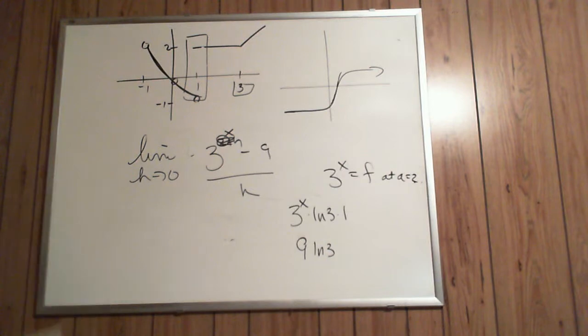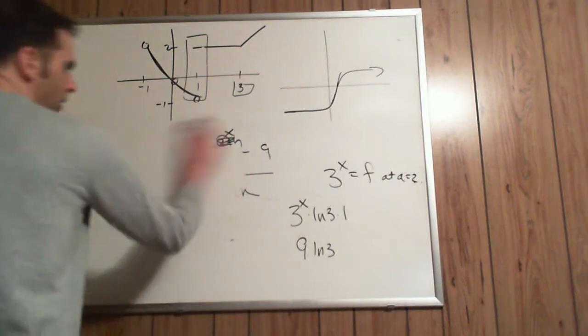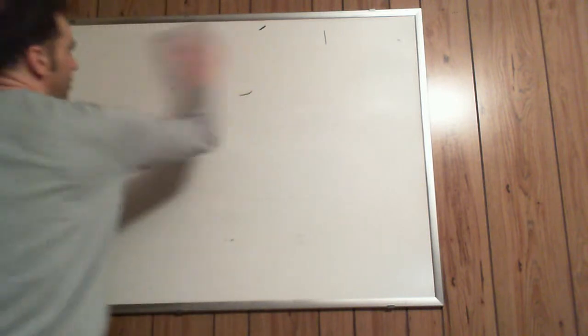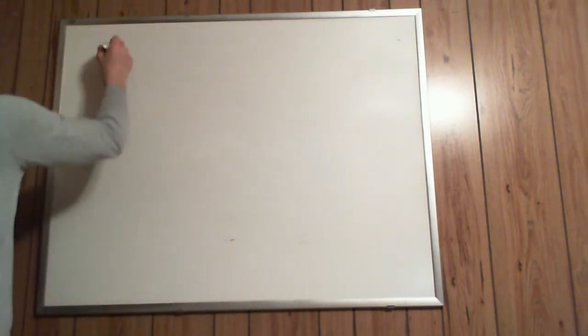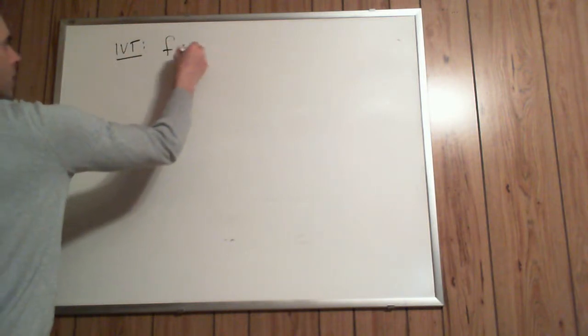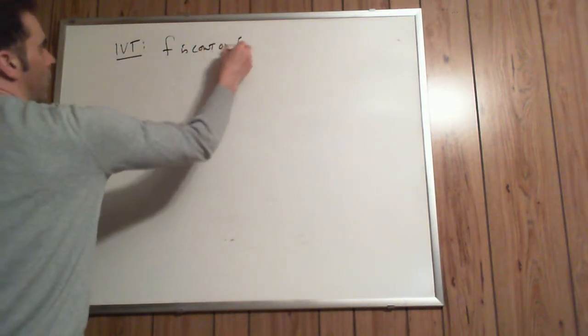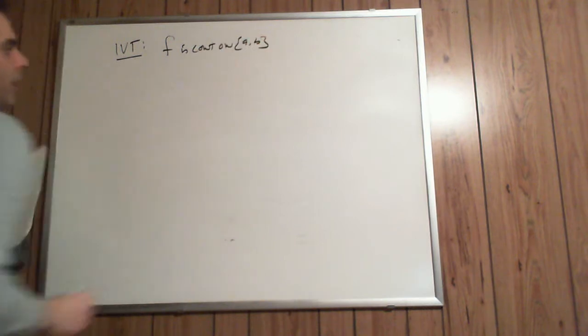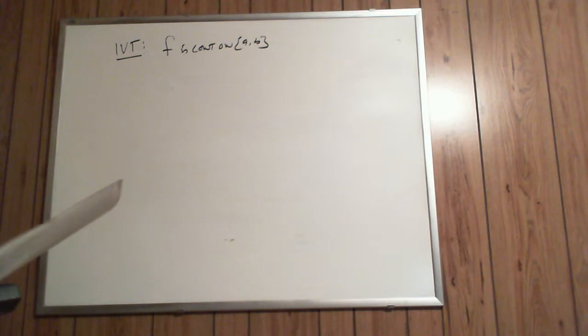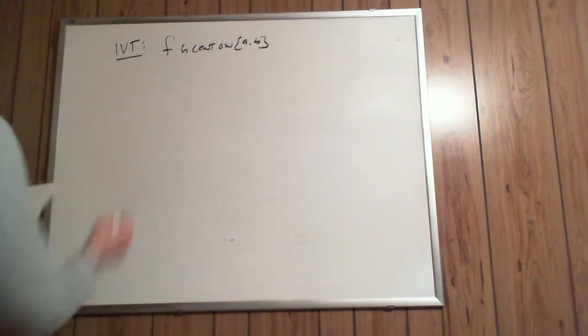Okay? And the last theorem we've talked about in this chapter would be the intermediate value theorem, IVT, which says a function f is continuous on a closed interval AB, and given any y in between there, we can find a c corresponding to that y value. So how do we see that?